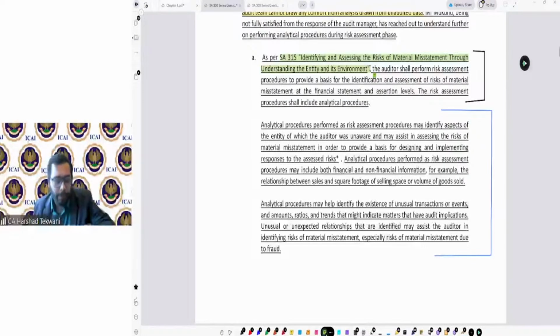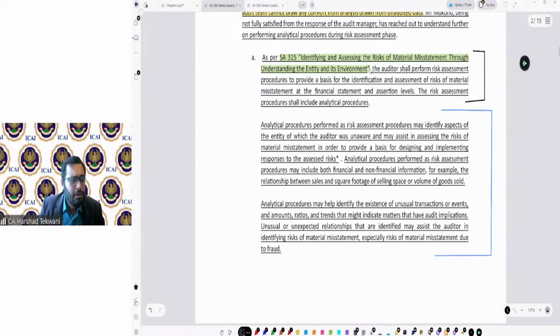I'll tell you how. Let's say, for example, you are quoting section 143 of the Companies Act. Most people write section 143 of Companies Act, or some people only write section 143 of the Act.